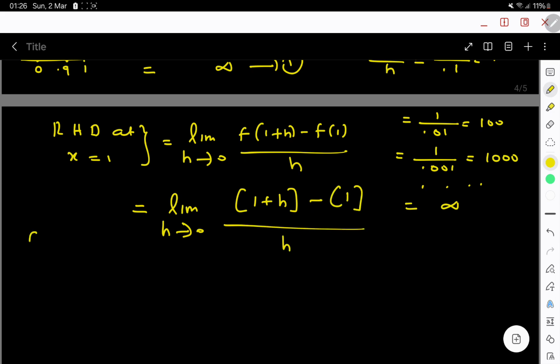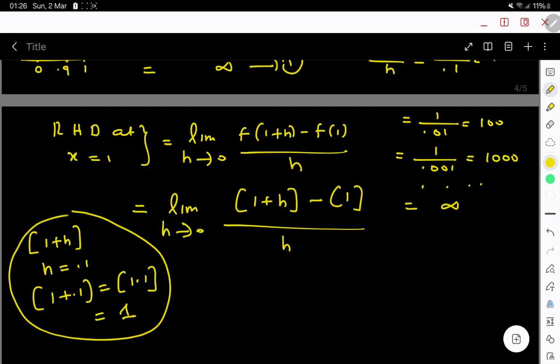So the greatest integer of 1 plus h: I am taking h equal to 0.1 here, so 1 plus 0.1 is 1.1. The greatest integer of 1.1 is 1. On the left side of 1.1, what is the greatest integer value? 1.